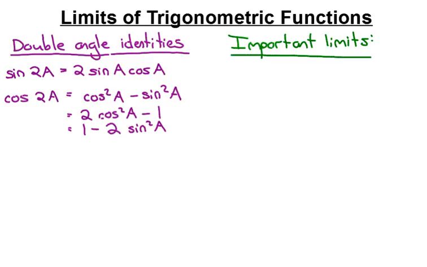The one that's very important is that the limit as x tends towards 0 of sine x over x is 1. We can also flip that around, and the limit as x tends towards 0 of x over sine x is 1.